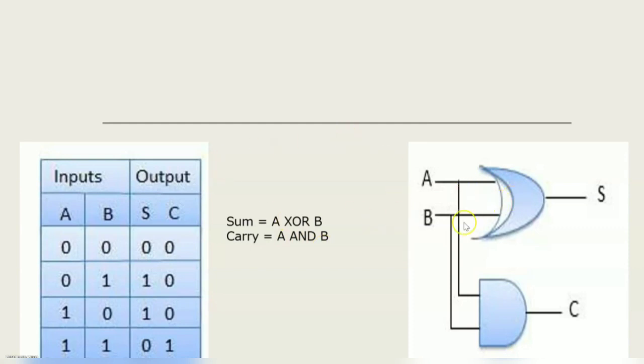Now you can draw the logical diagram using these expressions. The sum, A and B, is given to an XOR gate, so we write A XOR B. The carry AB is given to an AND gate, which gives you the carry. So this is the case for a half adder.